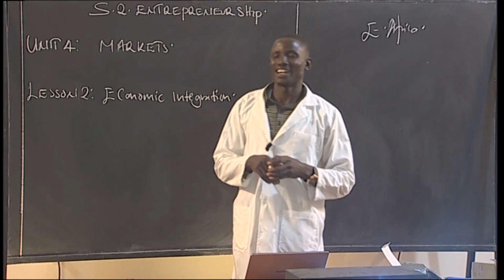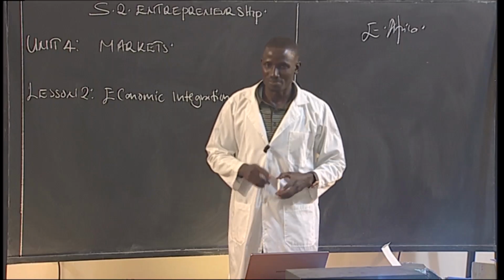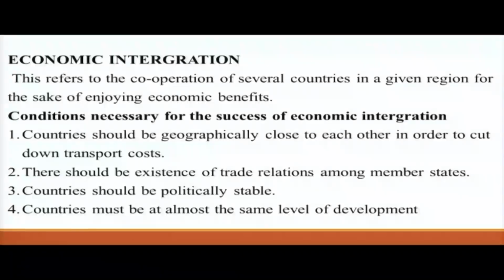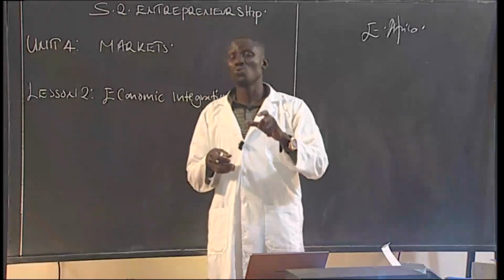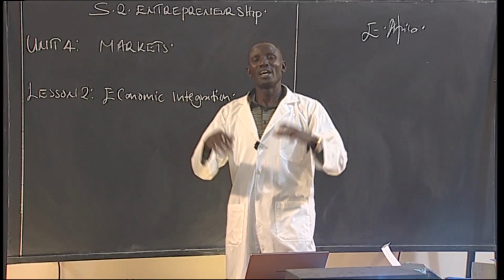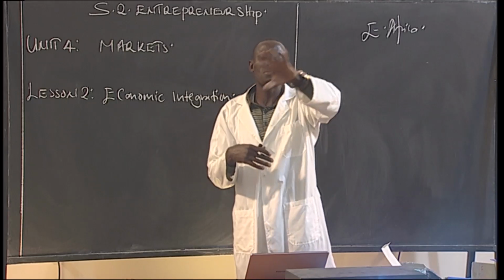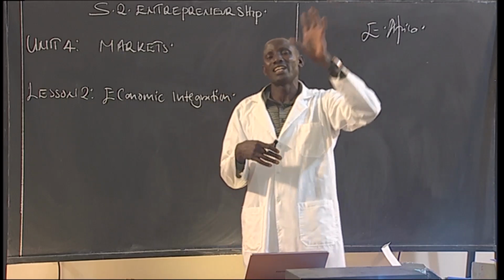Condition number 1: countries should be geographically close to each other in order to cut down transport costs. Countries which are going to do economic integration must be close to each other, in other words, neighboring one another.